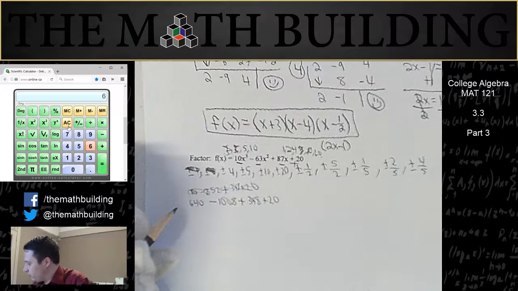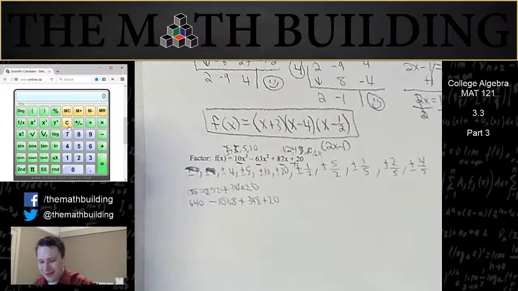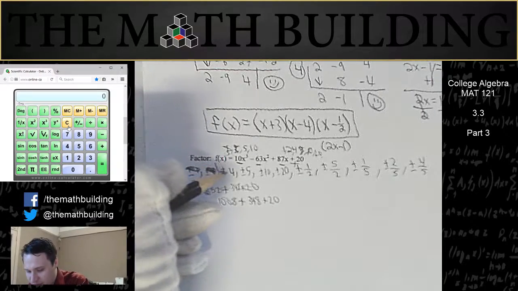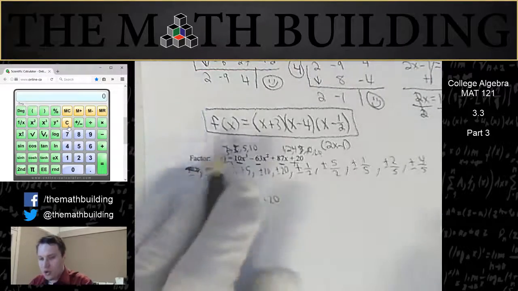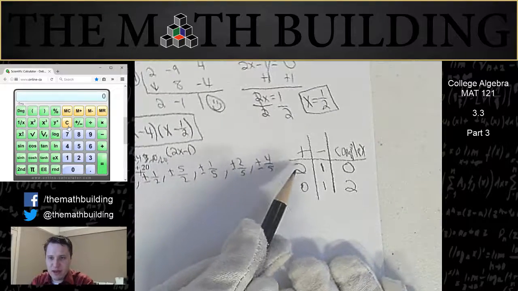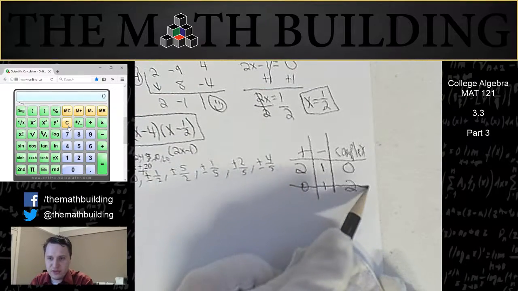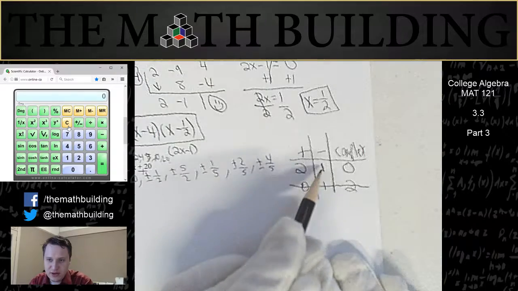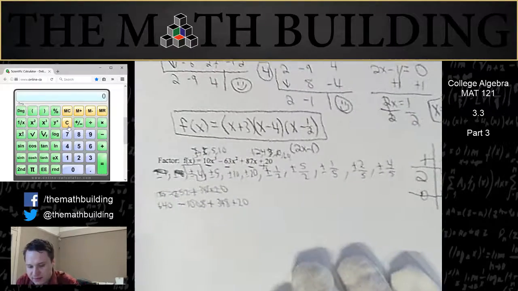Okay, so here we go. 640 minus 1008 plus 348 plus 20. Oh, and look at that. We get an answer. So positive 4 is going to be an answer, which tells me that because I just found a positive answer, the scenario with 0 positives, 1 negative, and 2 complex is not happening.